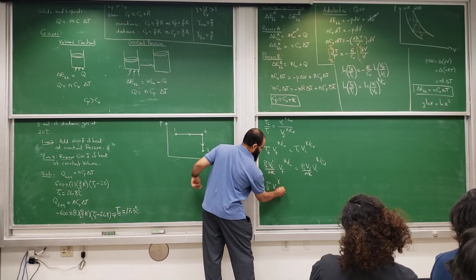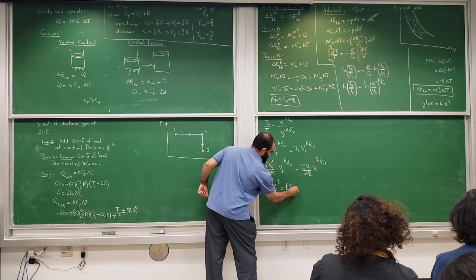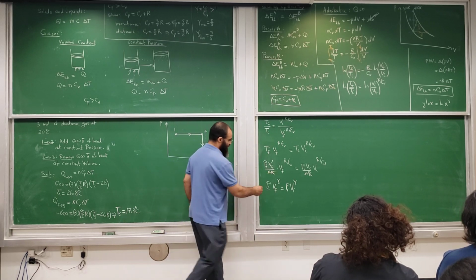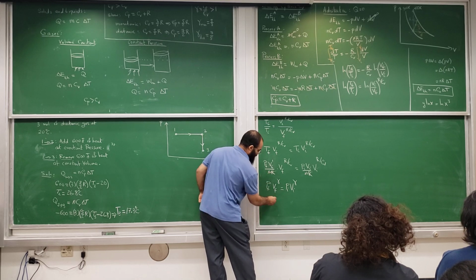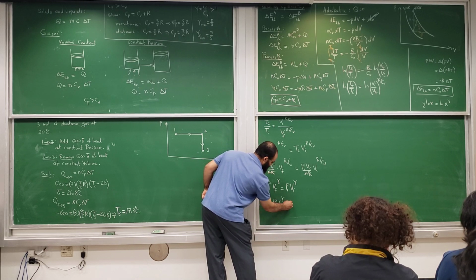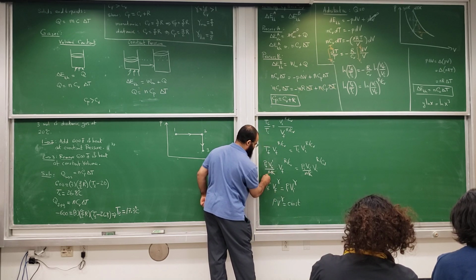Down here. And so it's P initial, V initial to the gamma. Another way to write it is saying P V to the gamma is constant. This is for an adiabatic process.